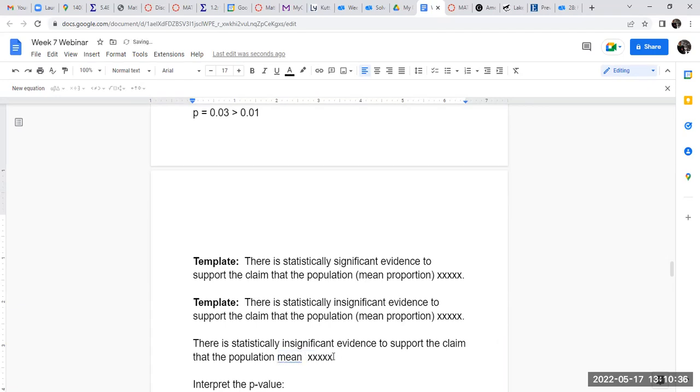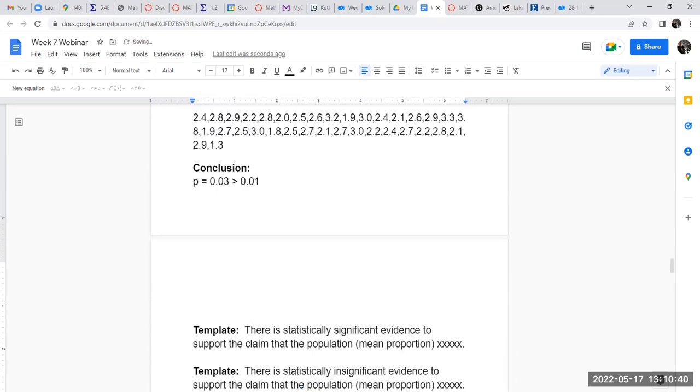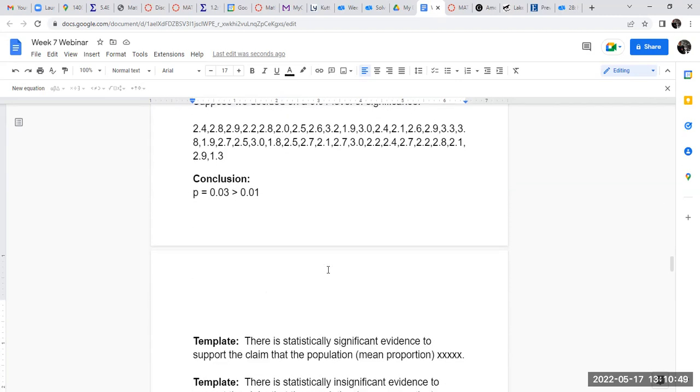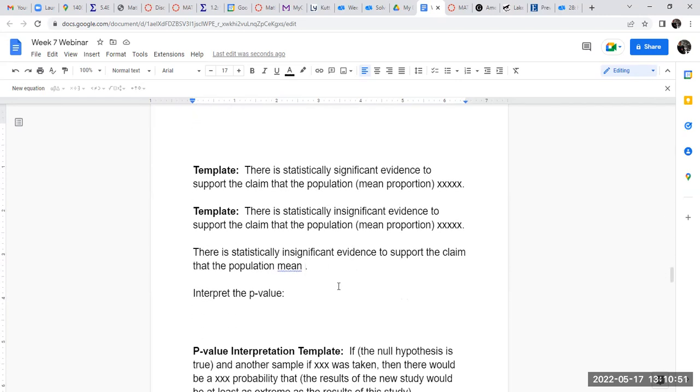Okay, and then those X's, don't leave the X's there, by the way. We need to change those. And again, we're looking at the mean liters of water per day women drink.